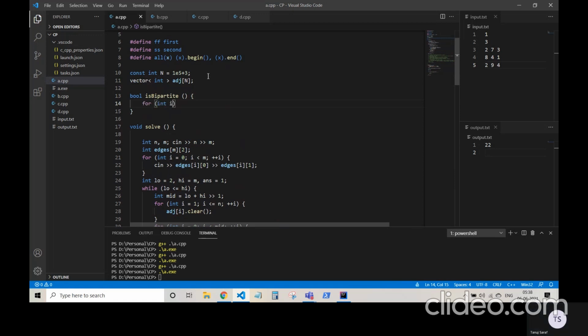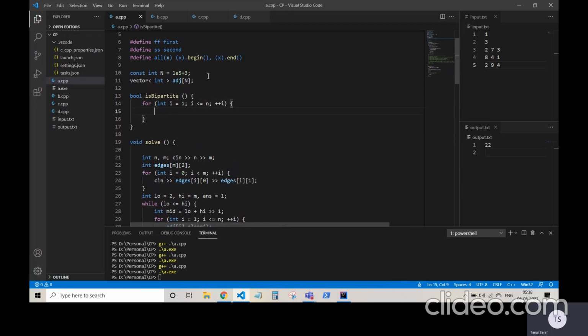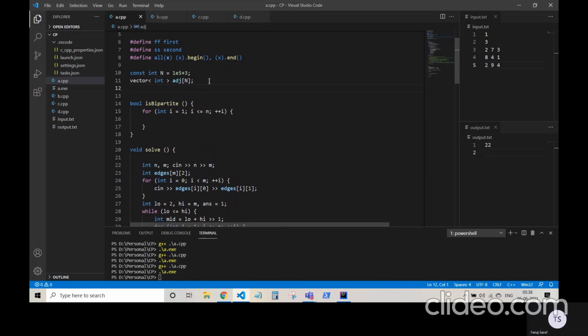So we would have to iterate over all the nodes. A kind of multi-BFS is what we are trying to do over here. So we need another array called, let's say, color, in which we assign either 0 or 1, either 1 or 2, depending on, let's say we are painting it white and black.